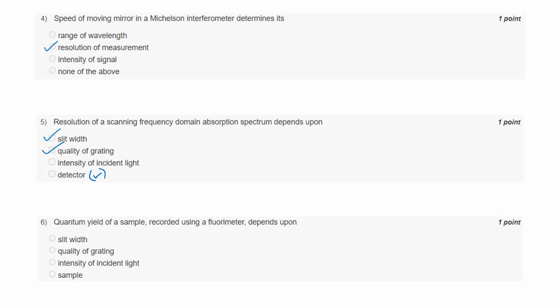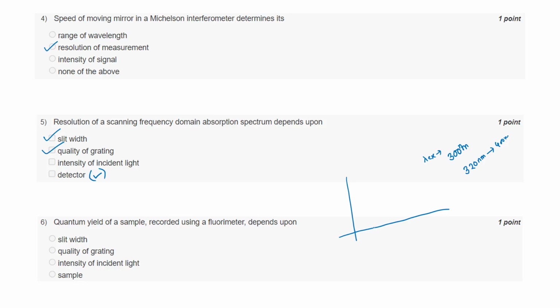So for an integrating sphere, what we record is this. When we generally record an emission spectrum, suppose my excitation is at 300 nanometer, lambda excitation, and emission ranges from 320 nanometer to, suppose, 400 nanometer, just arbitrary.